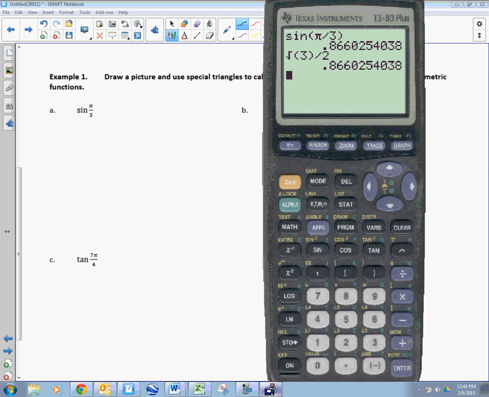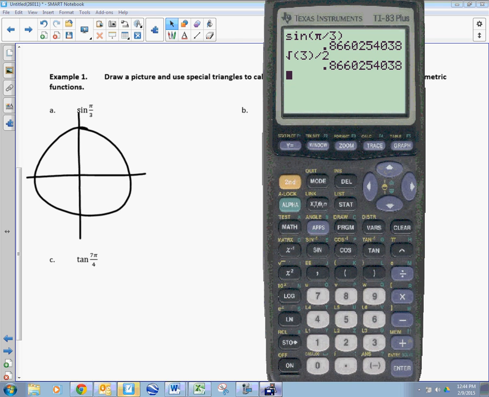Pi over 3 is how many degrees? 60. So if I draw a unit circle and I go 60 degrees, what kind of triangle do I have? 30, 60, 90. The radius is always 1 in the unit circle. What's the shortest side? A half. How do I get the longer side? Multiply by root of 3.